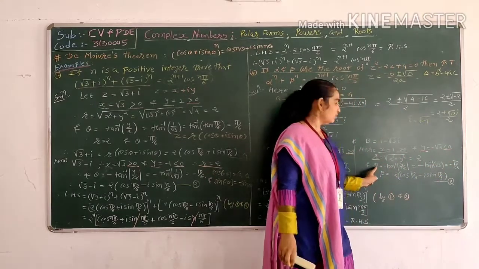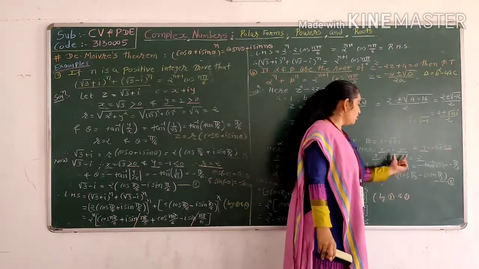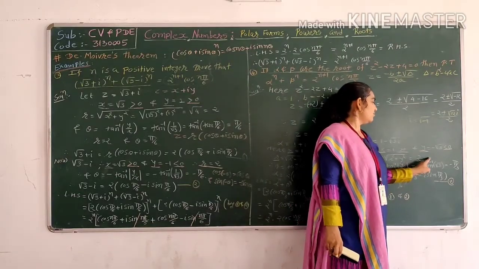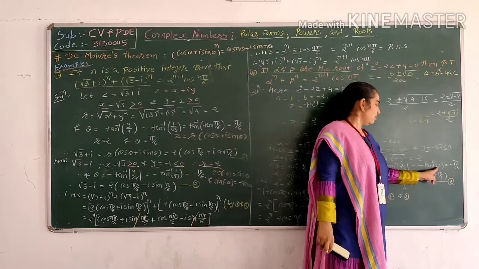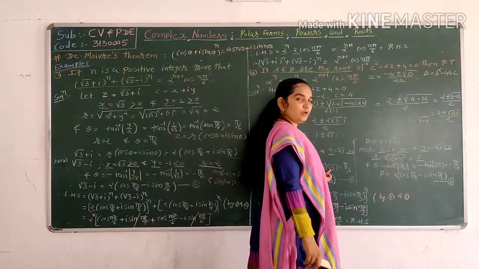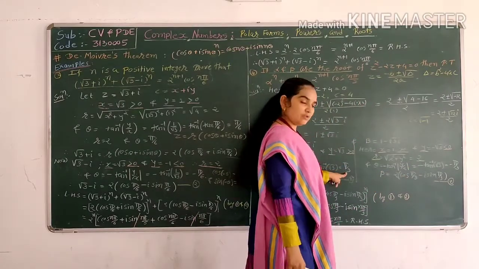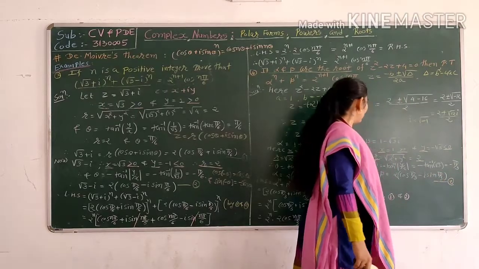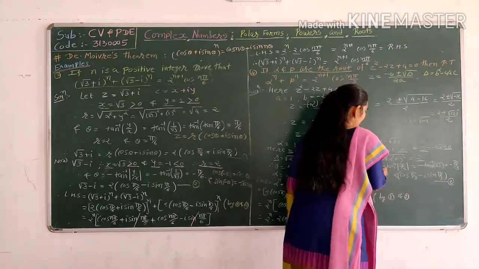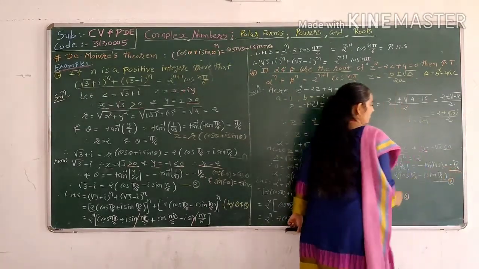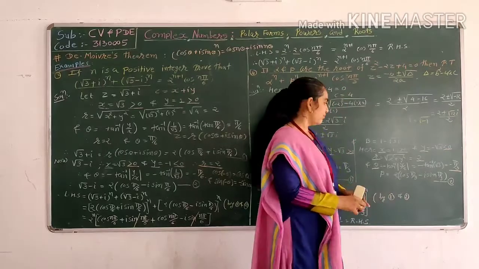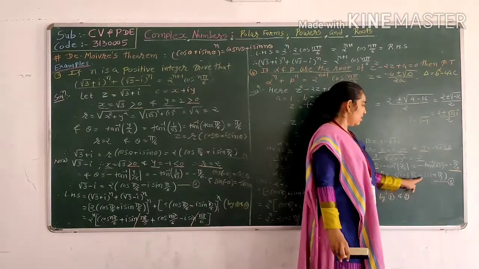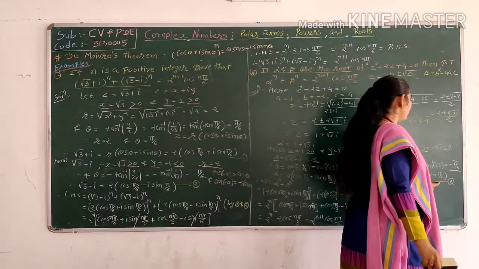Therefore theta is equal to minus tan inverse modulus of y by x, which is minus tan inverse under root 3. We know tan inverse under root 3 is equal to pi by 3. Therefore here minus pi by 3. Therefore r is equal to 2 and theta is equal to minus pi by 3. Therefore the polar form is beta is equal to 2 cos pi by 3 minus i sin pi by 3.